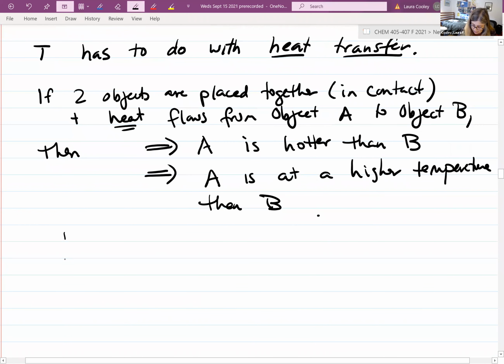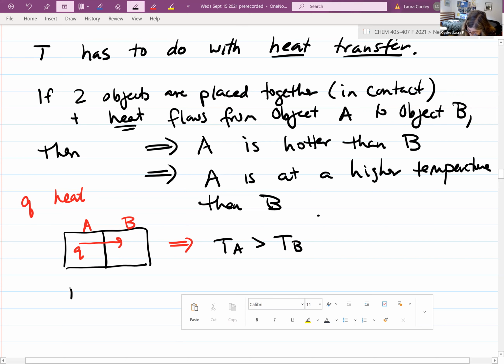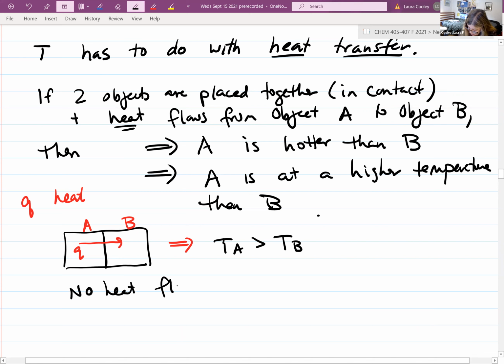Okay. So schematically, you have two objects that are touching one another. Q represents heat, and heat is flowing from A to B. So this implies that T_A is greater than T_B, where T is the temperature. If there is no heat flow, what could you conclude then?